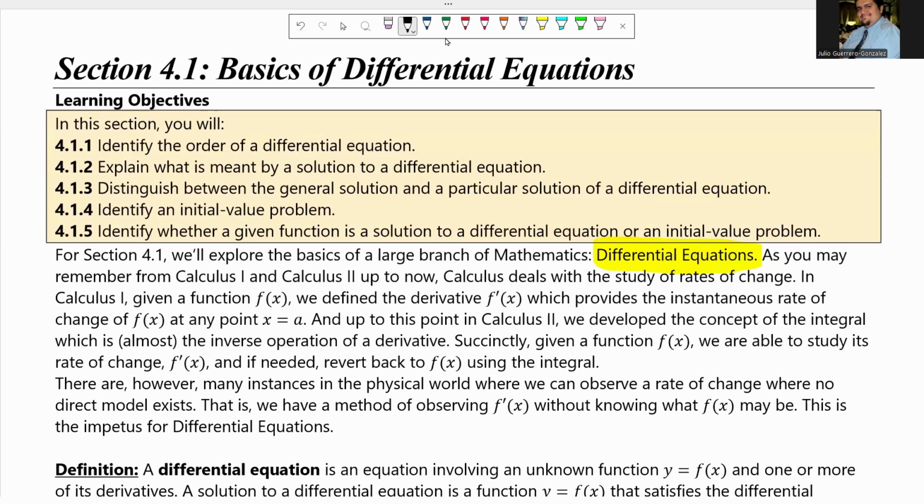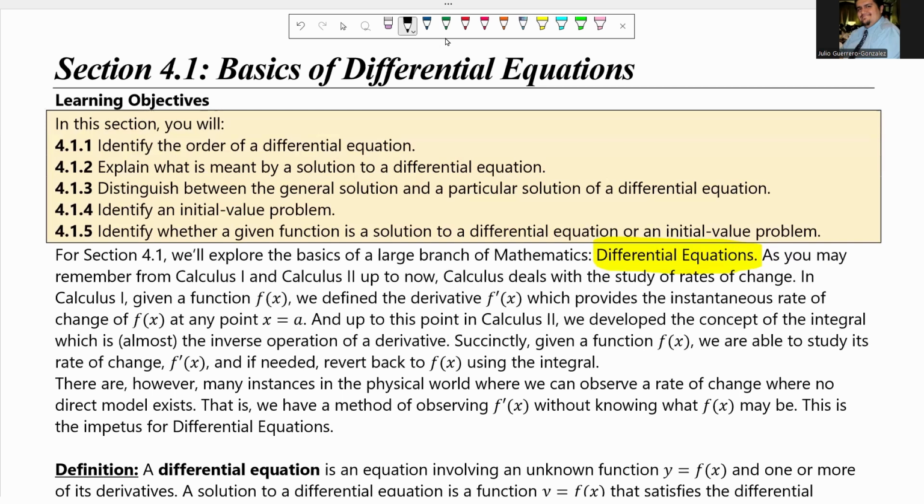But now let's try to apply that to our physical world. In our physical world, what ends up happening is the latter thing, where we might know a rate of change of something. We might know how something is increasing or decreasing, but we don't know what the equation that came before it is at all.